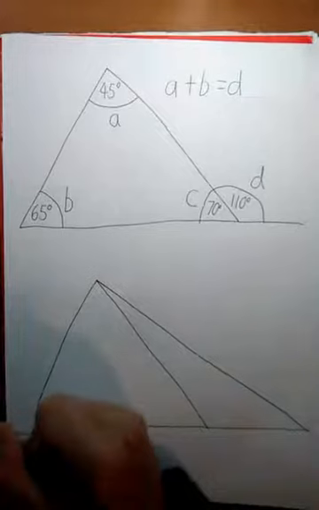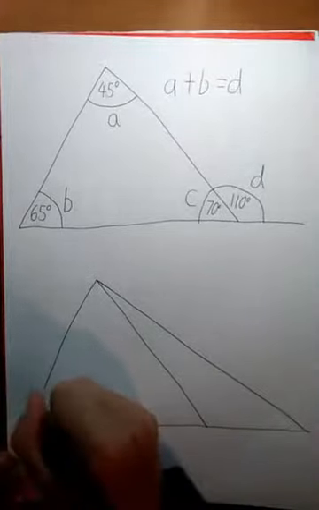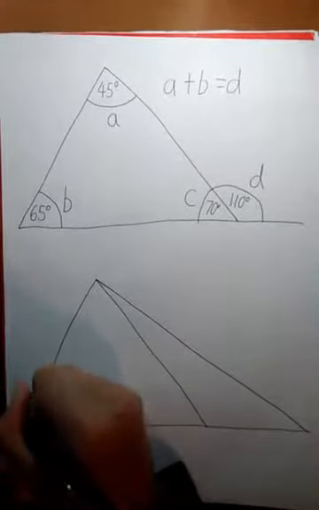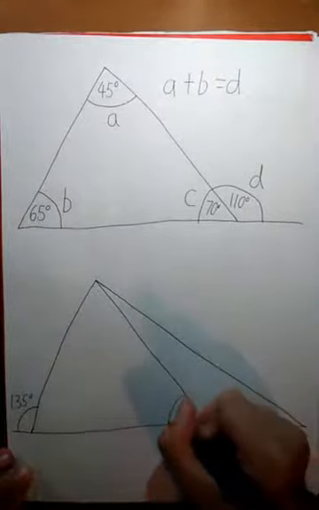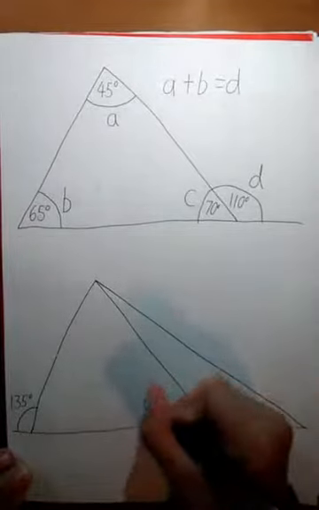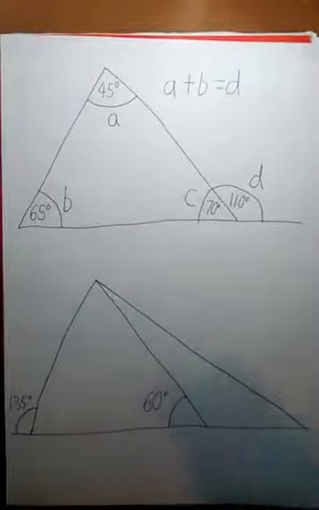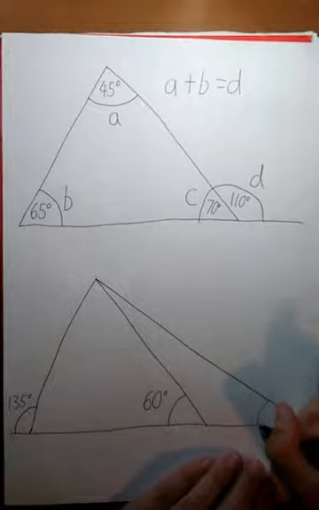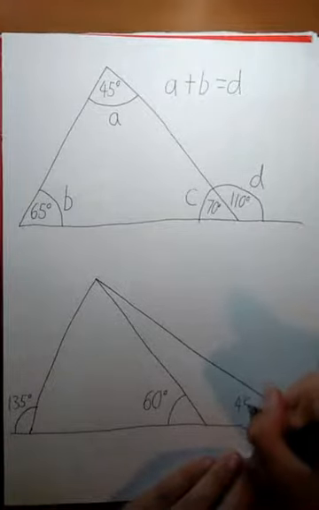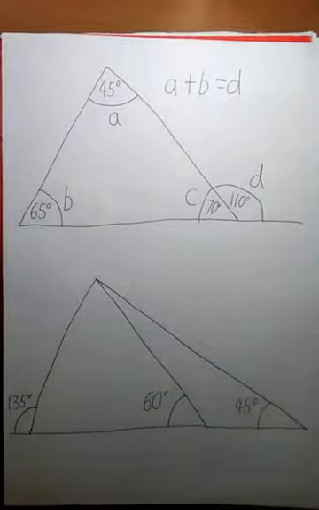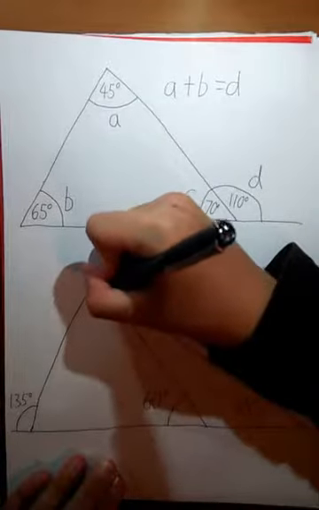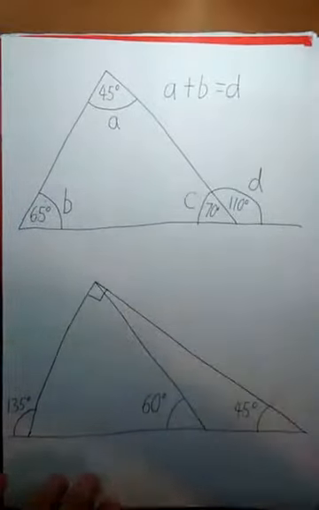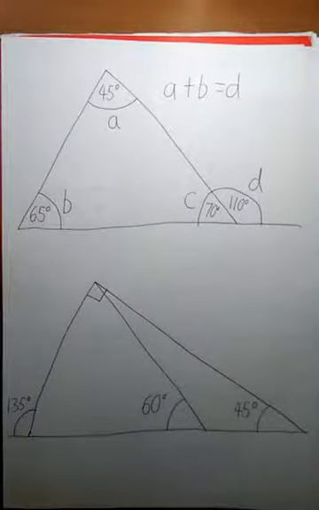And let's say we start with the angles 135 degrees, 60 degrees in this triangle, and 45 degrees in this triangle. And we're given a right angle here. So, let's figure out the other angles.